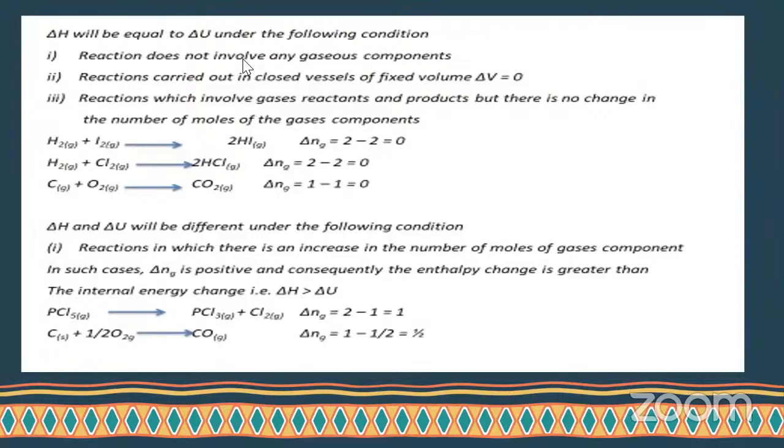So automatically, 0 times RT is going to be 0. And the change in volume is 0, so the pressure times 0 is 0. So these are the possible conditions for the enthalpy change to be equal to the change in internal energy.